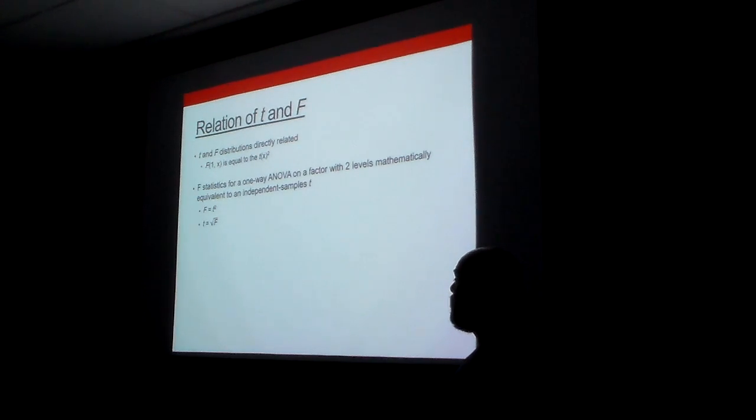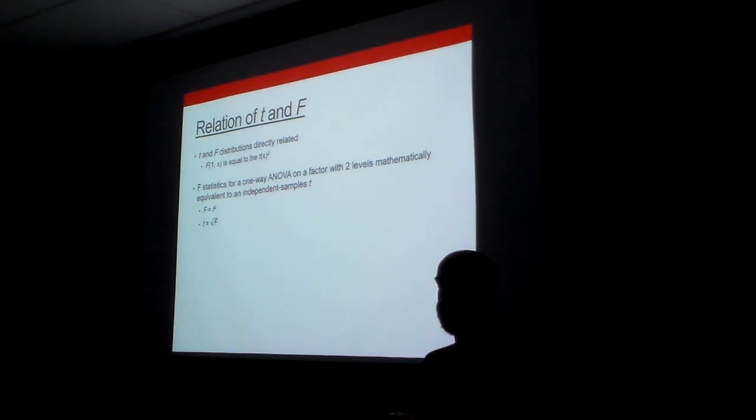If I want to convert an F statistic to a T statistic, if I've got only 2 groups, my F is going to be equal to the square of my T. My T is also going to equal the square root of my F, right?